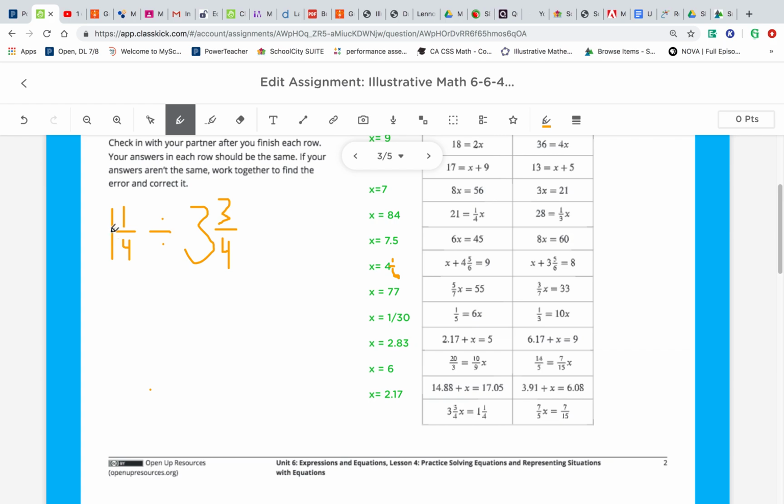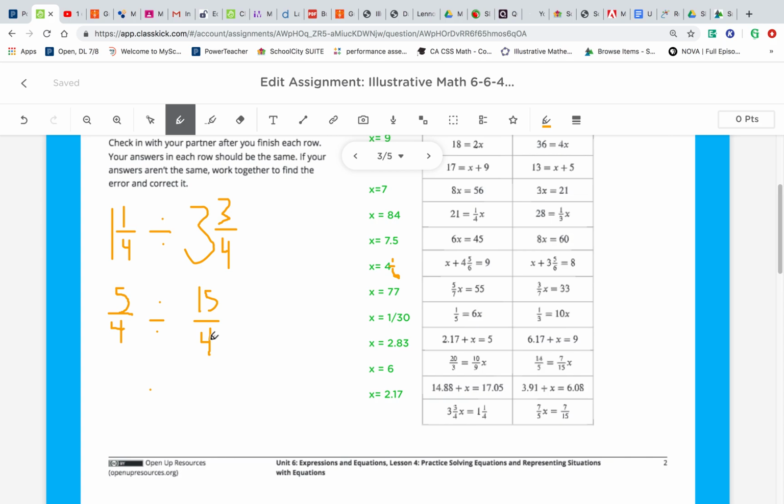So 1 1/4, if we do our little around the world routine, 1 times 4 is 4, plus 1 is 5. So this is really going to be 5/4. And this is really going to be, let's see, 3 times 4 is 12, plus 3 is 15 over 4. Okay, divided by what we're doing here.